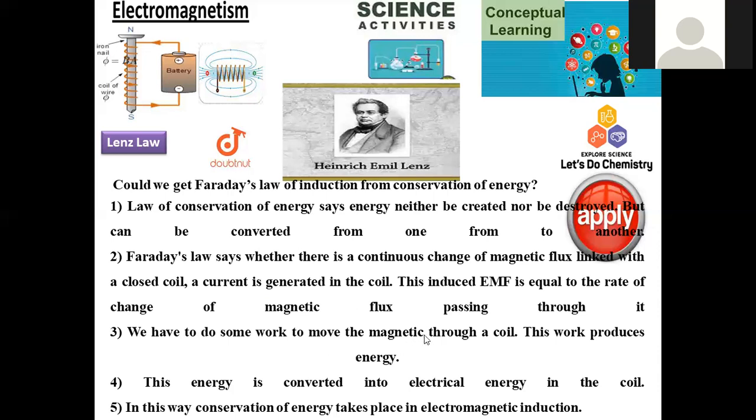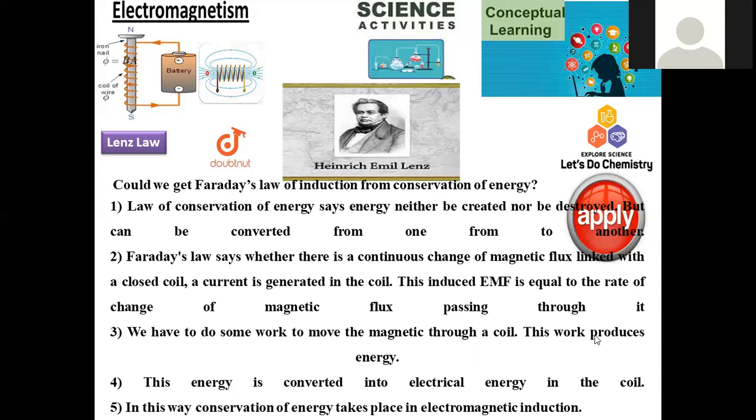We have to do some work to move the magnet through the coil. So in order to move the magnet, what is required? Any object can be displaced at the expense of some external work. In a similar manner, in order to move the coil with respect to a magnetic field, we have to do external work upon that.